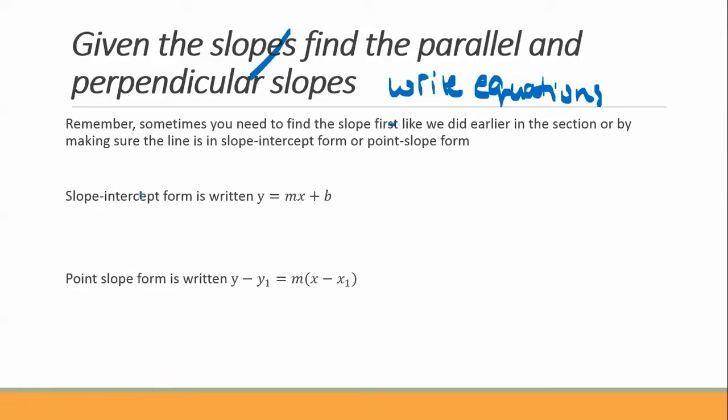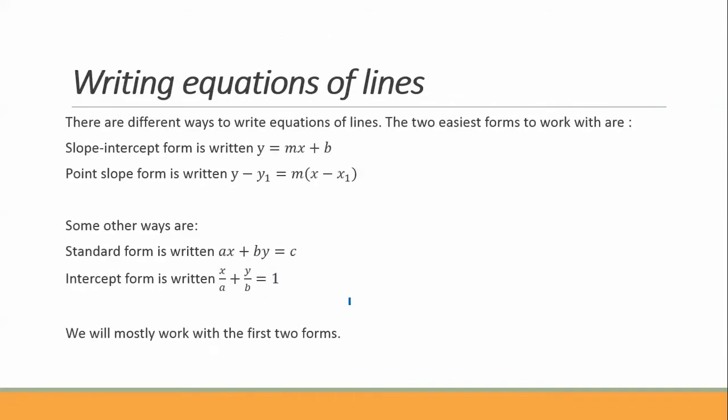So recall, slope-intercept form is written y = mx + b. Point-slope form is y - y1 = m(x - x1). So there's different ways to write equations of a line. Those are slope-intercept form and point-slope form.